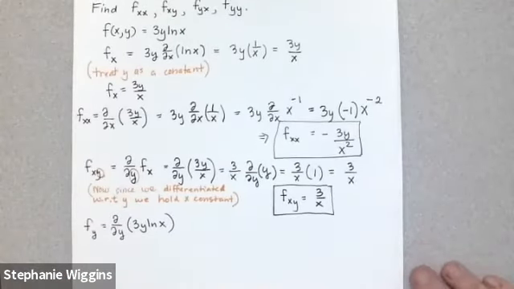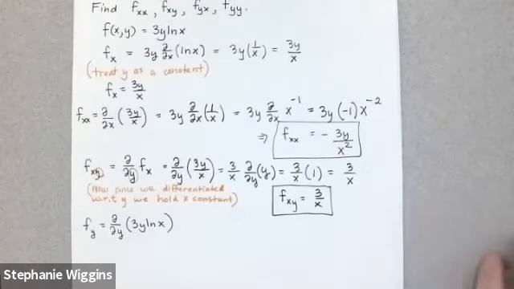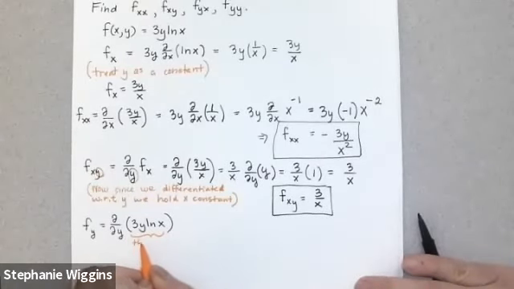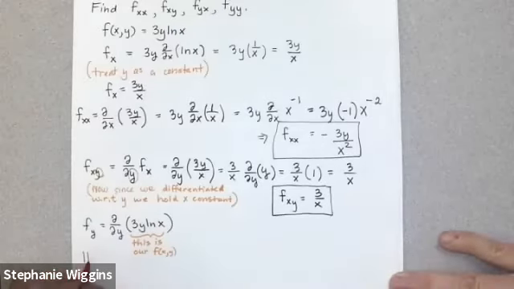Okay? And I'm just going to put a little note down here. That's our original function. All right. So this time, since we're differentiating with respect to y, we hold x constant.